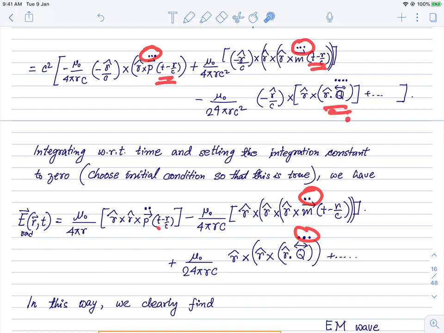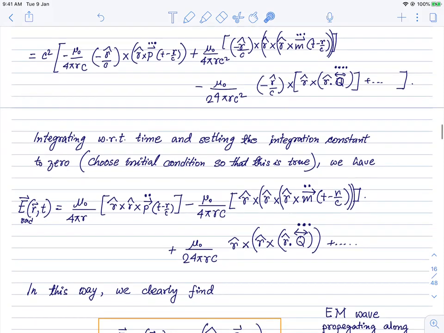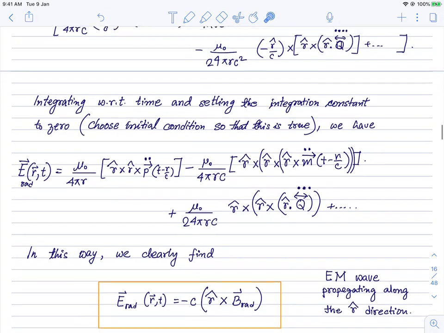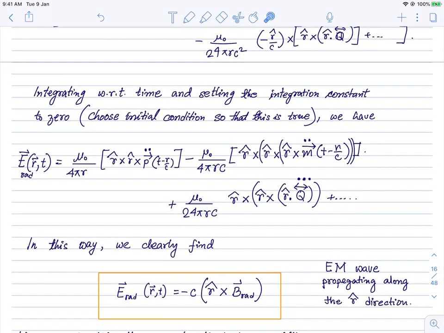And mind you, this is not just ordinary time, this is retarded time, but in the retarded time there's a t here, so the time derivative acts directly. Very good.